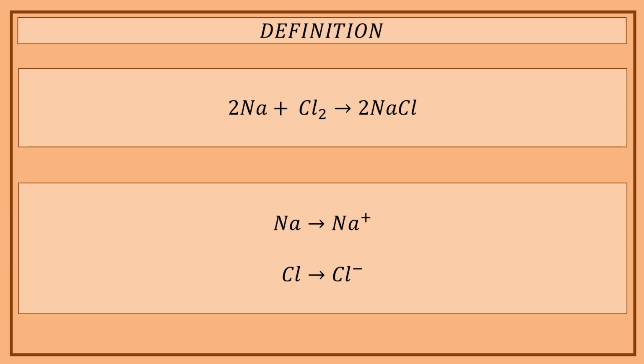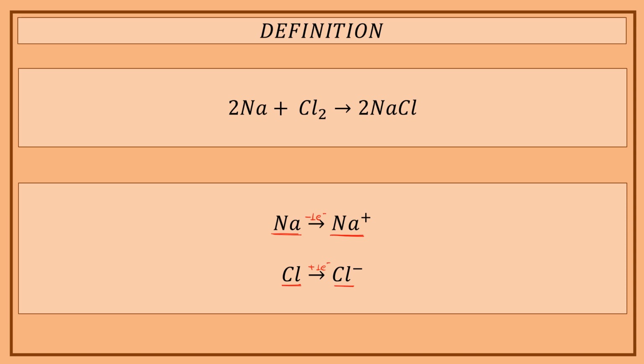In this reaction, the sodium atom is losing one electron and getting itself transformed into sodium ion Na+. Similarly, the chlorine atom is gaining one electron and getting itself transformed into chloride ion.